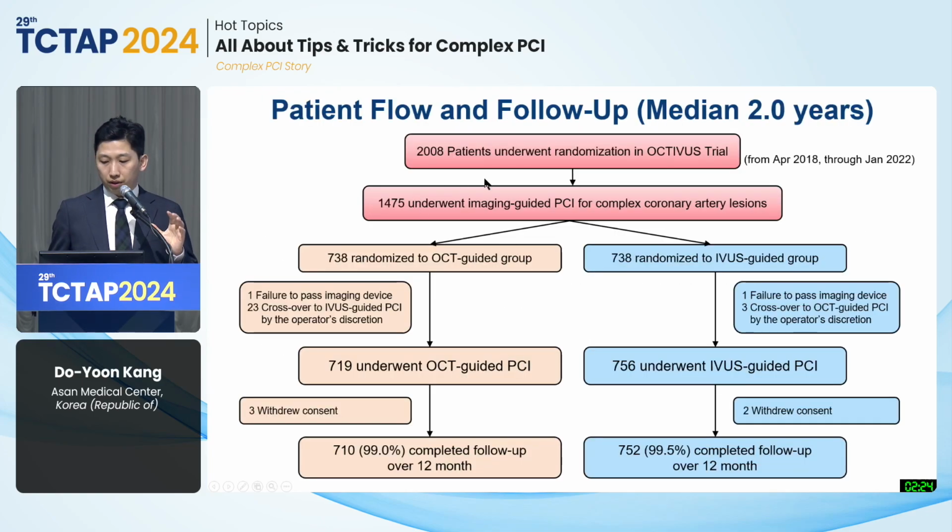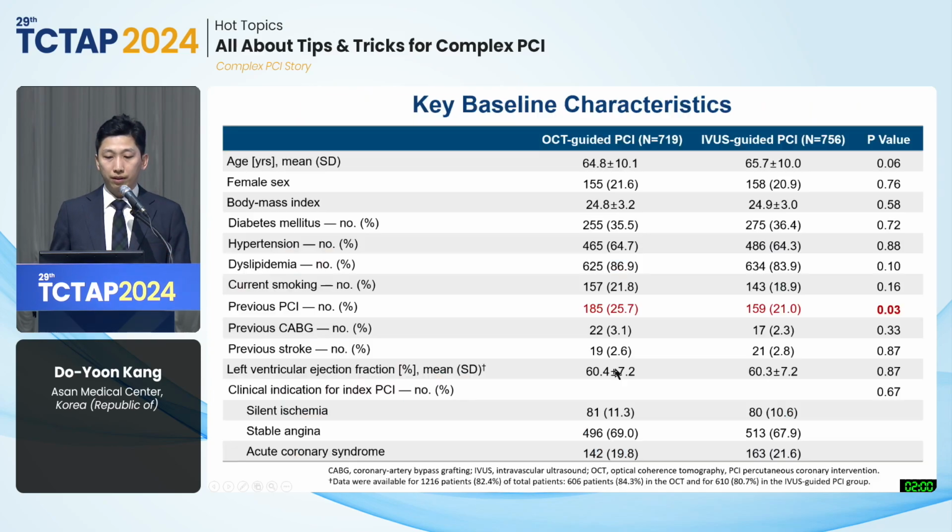Of the 2,008 patients who were randomized in the OCTIVUS trial, 1,400 patients were defined as complex PCI, and 719 patients underwent OCT-guided PCI, and 756 patients underwent IVUS-guided PCI.